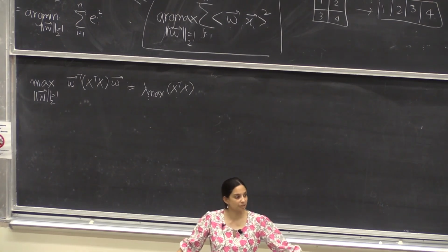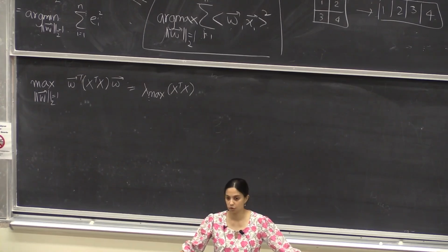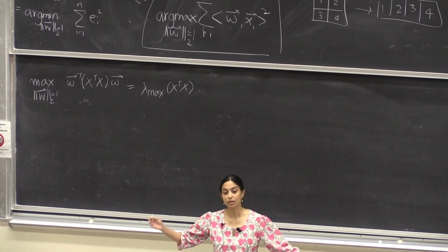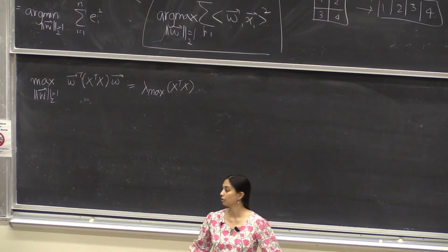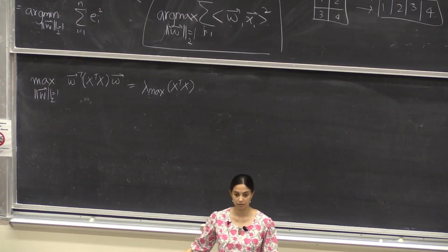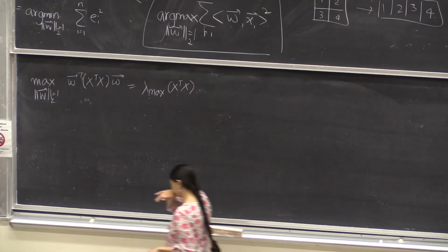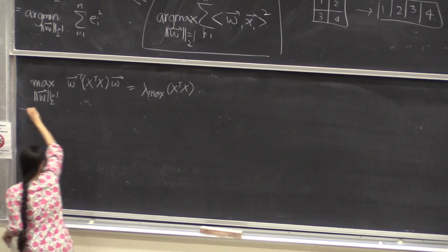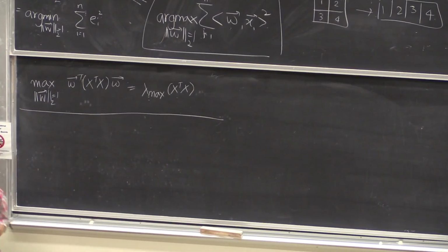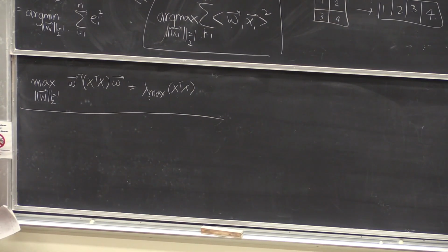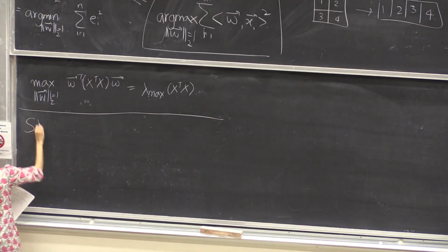That's the standard way in which principal components are usually found. The first singular vector corresponds to the first principal component, the second singular vector corresponds to the second principal component, and so on.